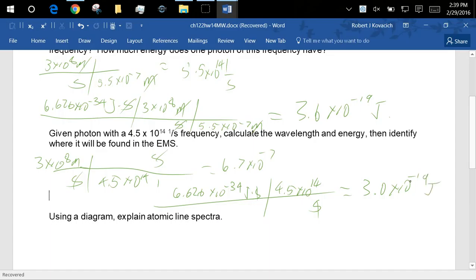Identify where this is going to be found on the spectrum. Okay, so where is this going to be found on the spectrum? We had a wavelength. Oops, I'm supposed to put meters here. What would happen to this thing right here if I turn it into 10 to the minus 9th? What happens if I turn 6.7 times 10 to the minus 7th into 10 to the minus 8th?